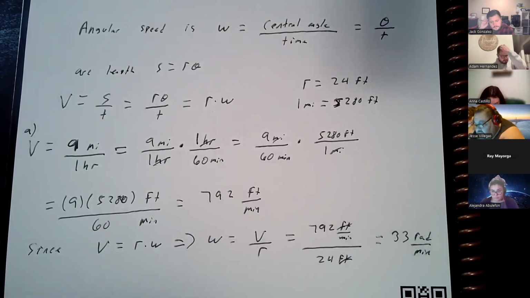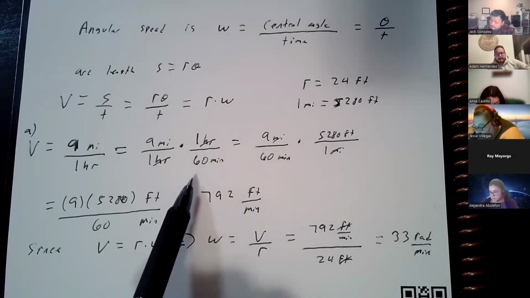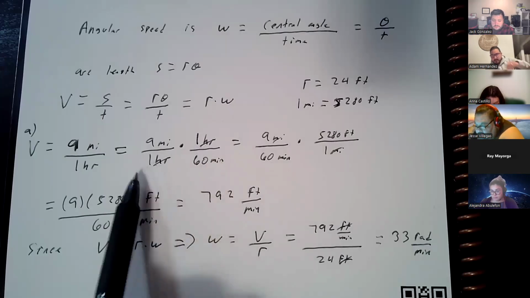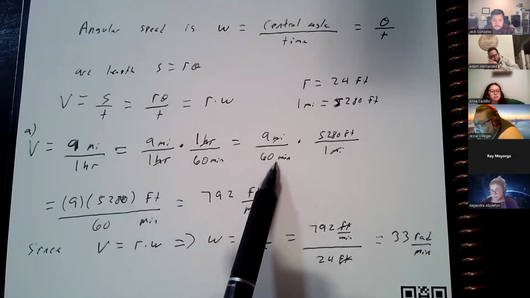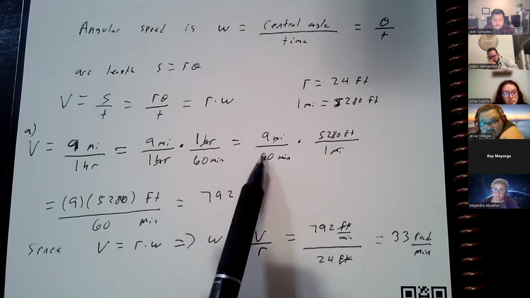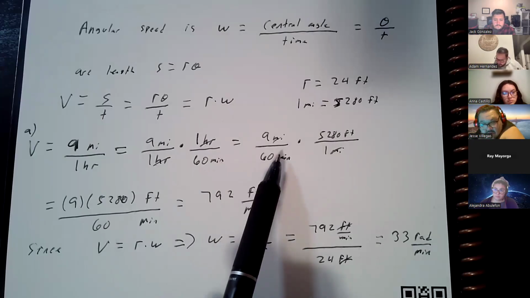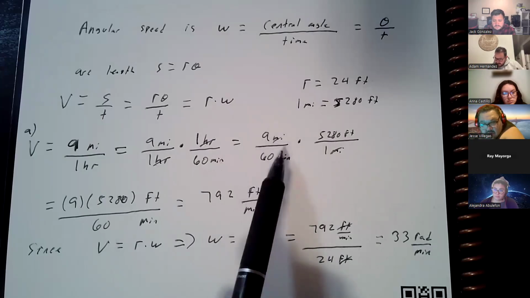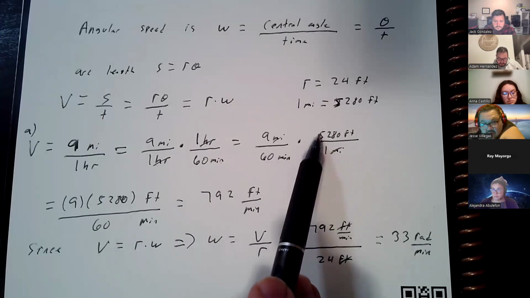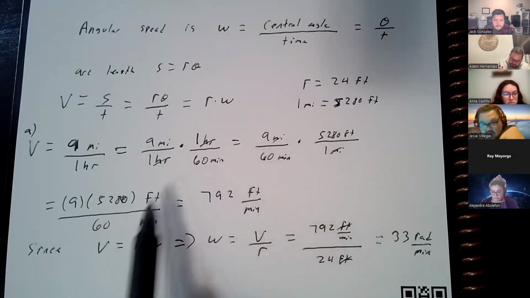Right here. Okay, so I'm multiplying by forms of one, right? So you understood here I was canceling hours and minutes to get rid of the hours, and we got minutes, right? That probably made sense. Here to here. If that makes sense, then the next thing is the same. I want to get rid of miles, so use the form of one for this many feet per mile. Miles are gone. Now I'm in feet.